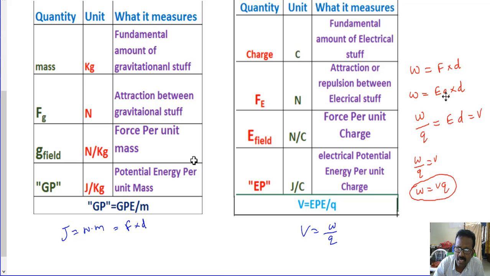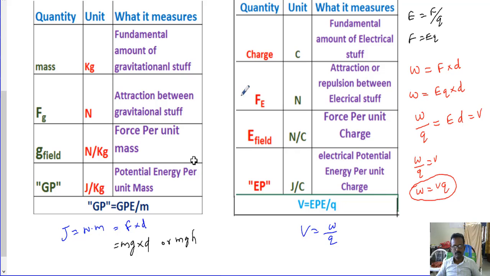The electrical force can be given as EQ, whereas the gravitational force is mg, times d, or mgh. If you take this mass above the surface of the earth, then d can be replaced by h: mgh.